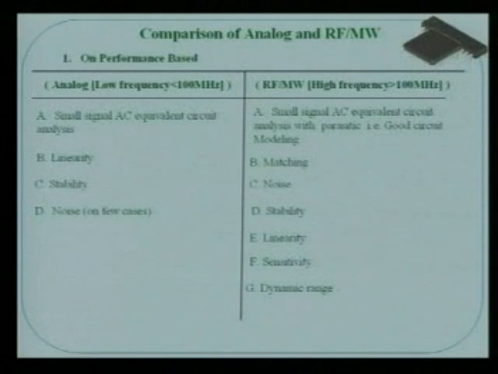Primarily we know the thermal noise, right? 4kT delta F. This is the thermal noise, electrons moving around your conductor randomly, and that creates the thermal noise, which is proportional to the temperature and proportional to the bandwidth, that is 4kT delta F. But along with that thermal noise, in case of RF, there are several other noises. 1/F noise, shot noise. There are 3-4 categories of noise that will also affect your design. So you have to be careful about those noises too.